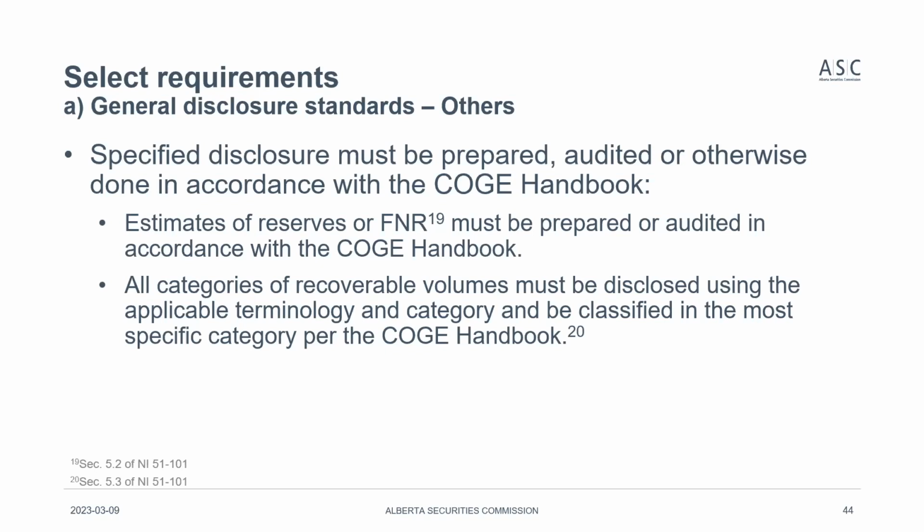It must be in the right category, the right uncertainty, low, best, high, proved, probable, possible. Those would be the uncertainties. And in the most specific category per the COGE Handbook. So just want to emphasize that.